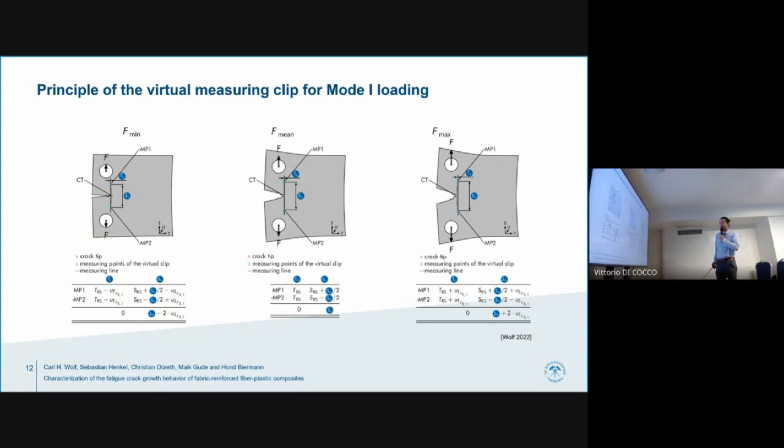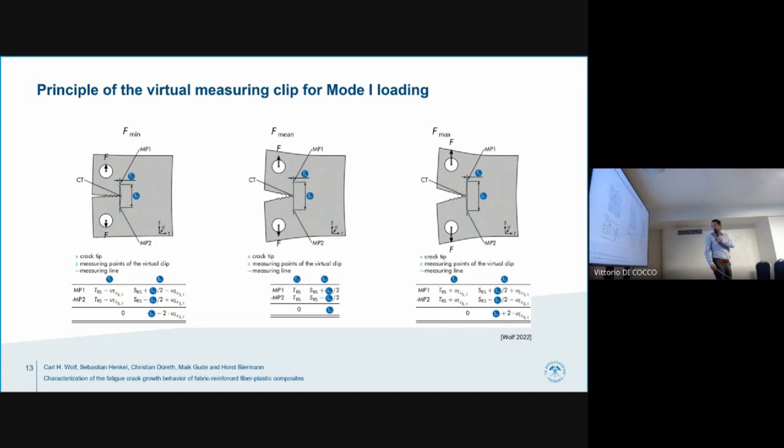Which advantage did we have? As you can see here, the displacements due to the symmetry of the clip cancel each other out. This means we have the distance of the measuring points and the displacement of these 2 points. And we did not measure the displacement in crack growth direction for mode 1 loading.